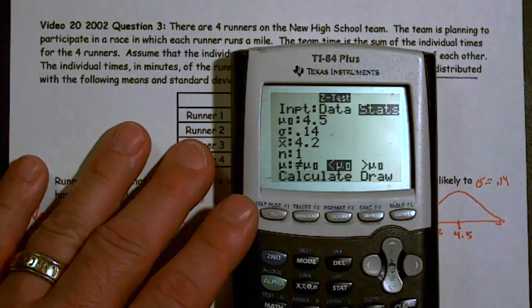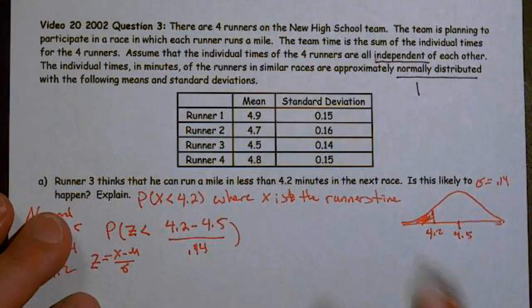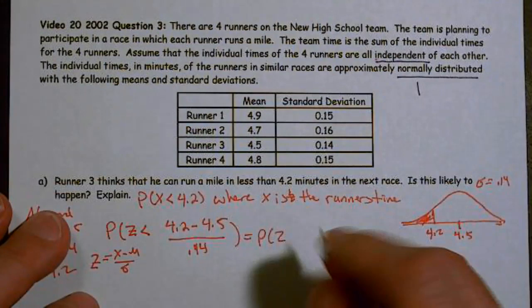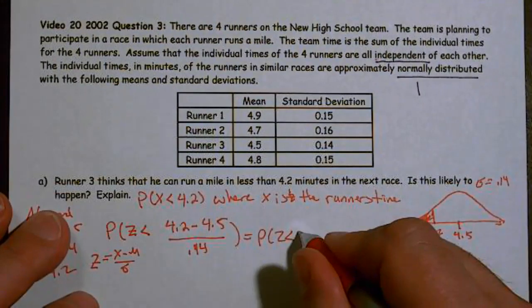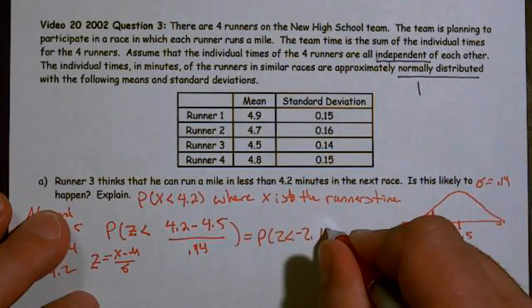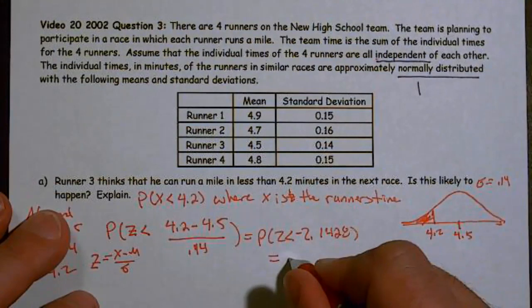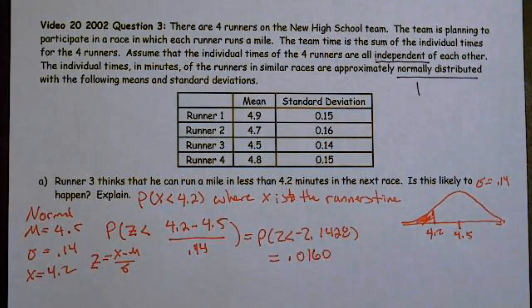We wanted a less than, and we calculate. So the probability that Z is less than negative 2.1428 equals 0.0160. All right, so there's our probability. That takes care of the first part, part A.